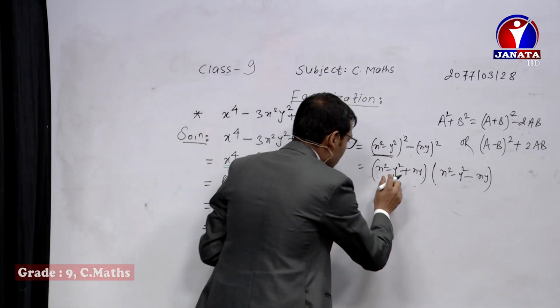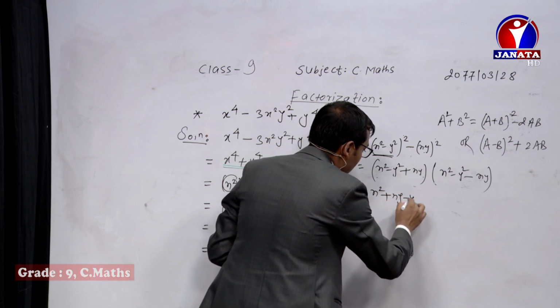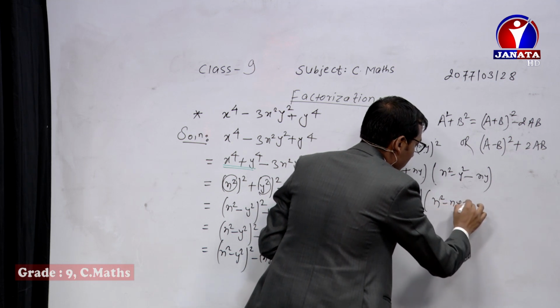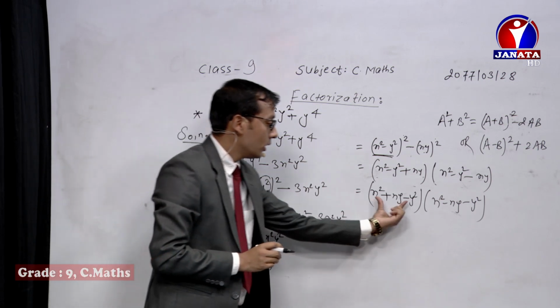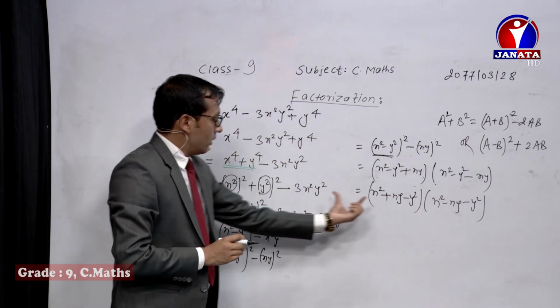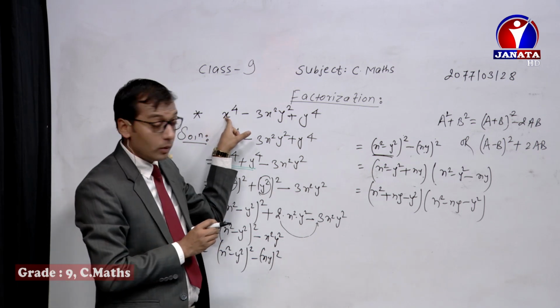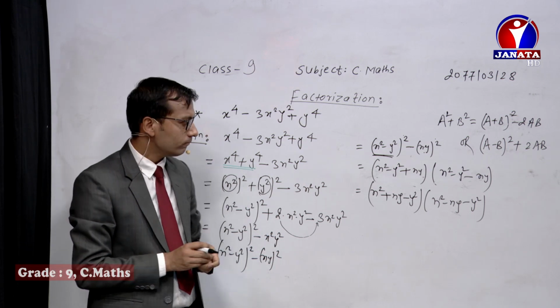Now we can rewrite this. We can arrange x square plus xy minus y square, x square minus xy minus y square. So these are the two factors of the expression x to the power 4 minus 3x square y square plus y to the power 4.